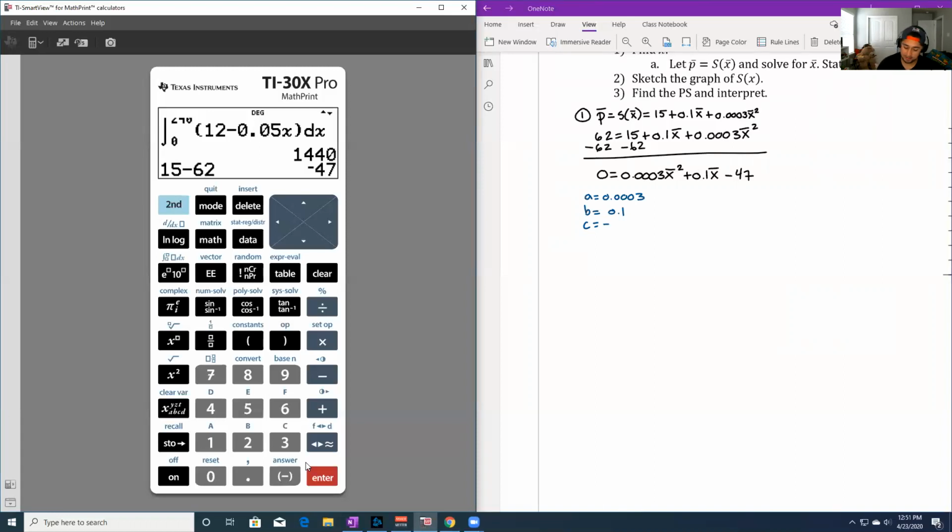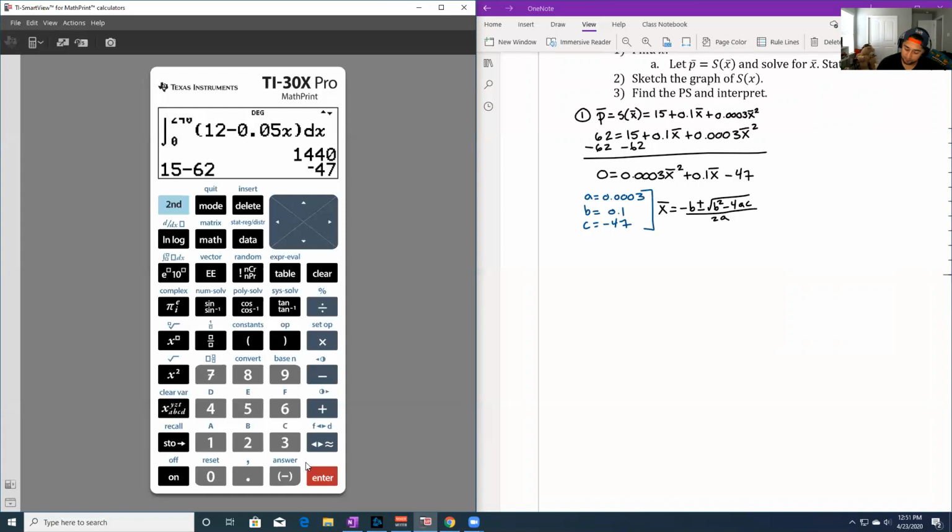Now take this and quadratic formula. We're going to say X bar is equal to negative b plus or minus the square root of b squared minus 4ac all over 2a. That's your quadratic formula, right?